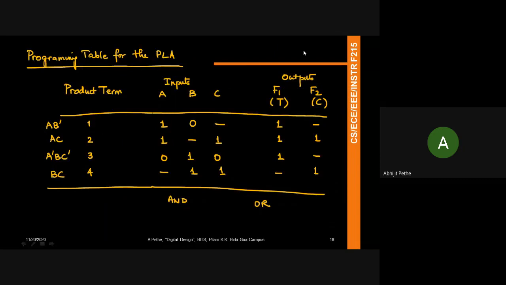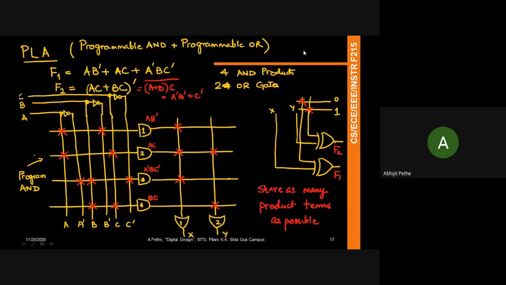If you look at this array, it gave you the flexibility of picking whichever input you want to go into the OR. Whereas in the PAL this will be fixed. It will say that you can give only 3 inputs or 4 inputs to the OR. So the number of inputs to the OR will be fixed, and based on that you'll have to design the particular function.